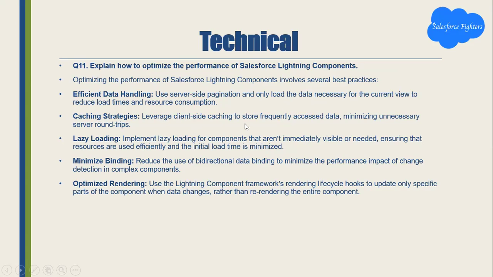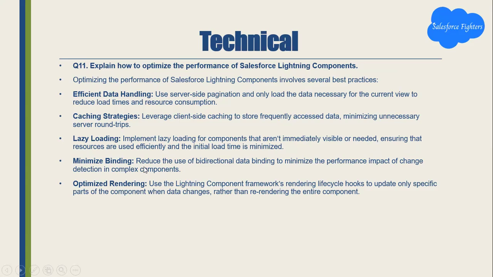Leverage client side caching to store the frequently accessed data, minimizing unnecessary server round trips. Third, lazy loading. Implement lazy loading for components that are not immediately visible or needed, ensuring that resources are used efficiently and the initial load time is minimized.